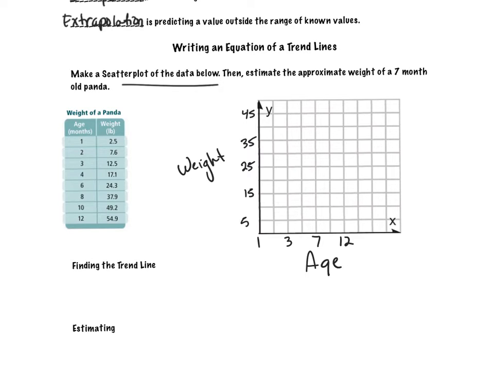So at 1, I'm 2.5 pounds. 2, I'm 7.5, so I'm kind of looking here. 3, I'm at 12.5. 4, end up at 17. 6, 20, almost 25.